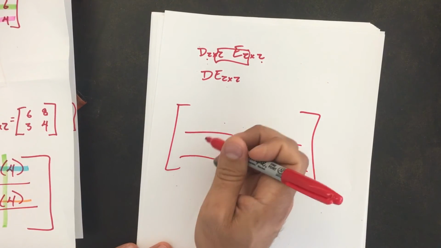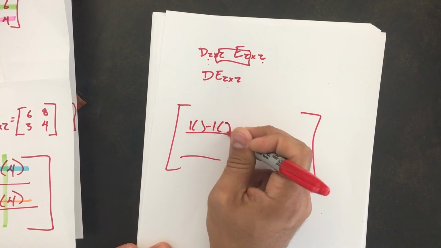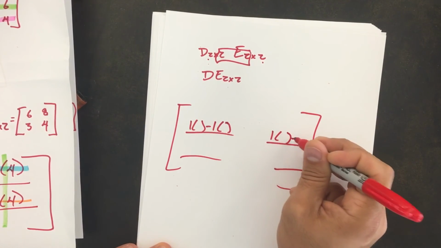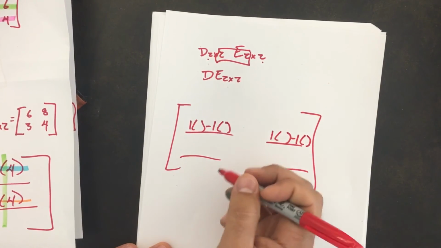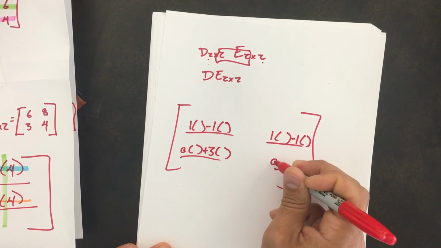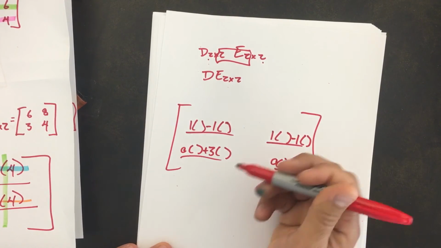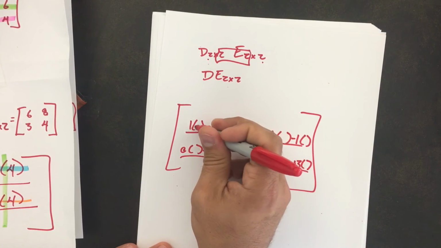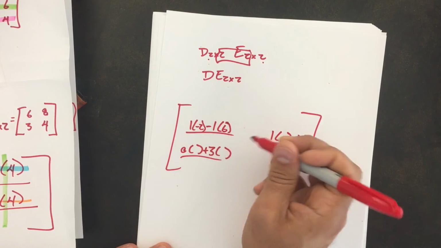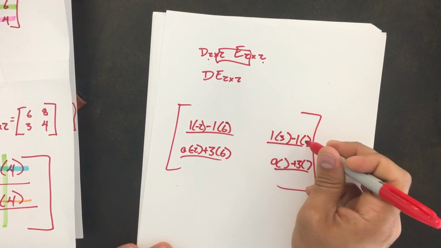The first row in D is 1 and negative 1. The second row in D is 0 and 3. The first column in E is negative 2 and 6. The second column in E is 3 and 10.